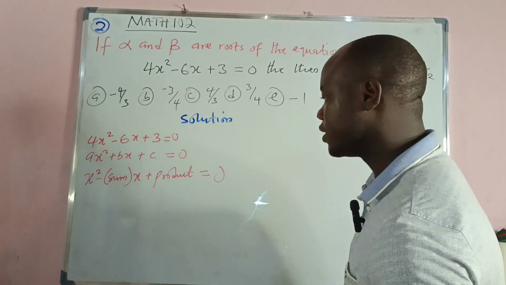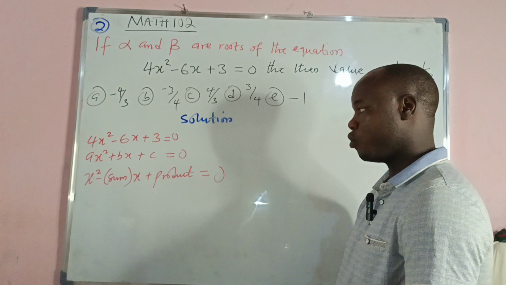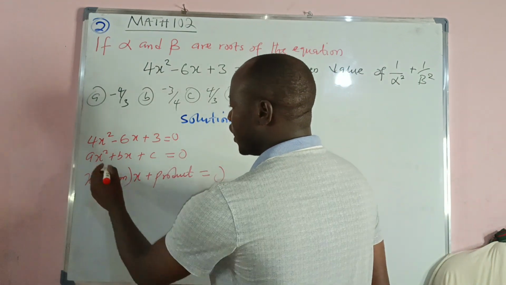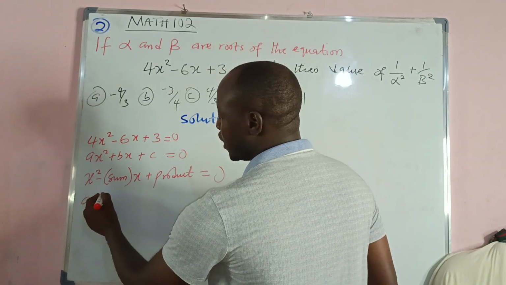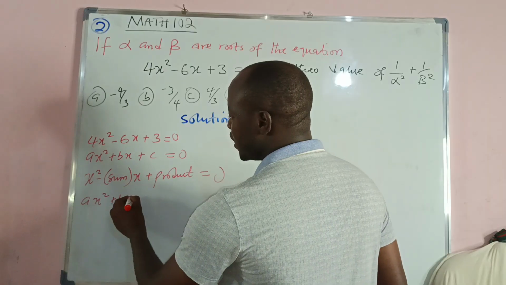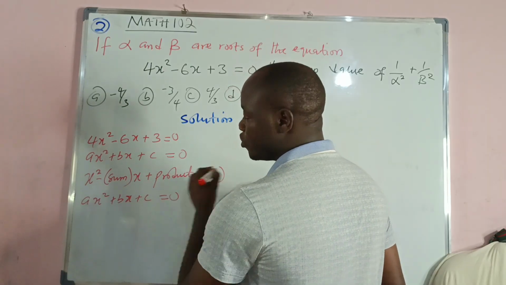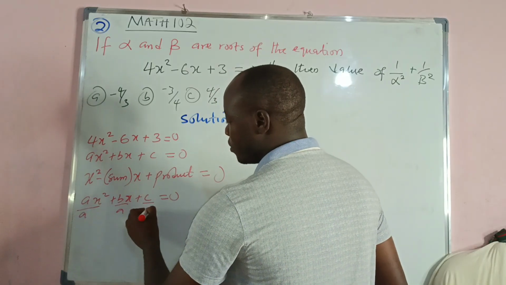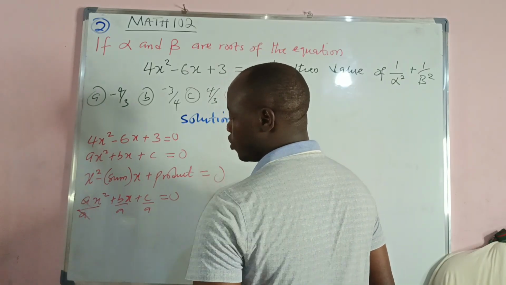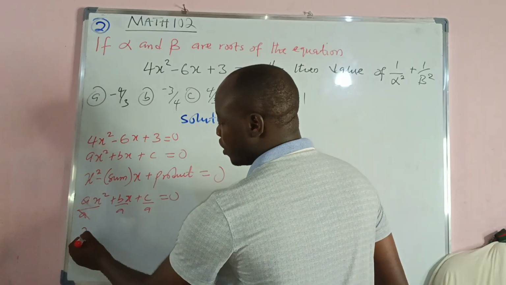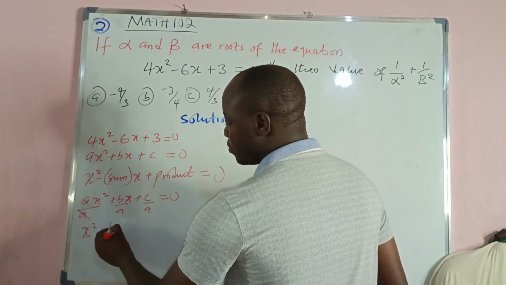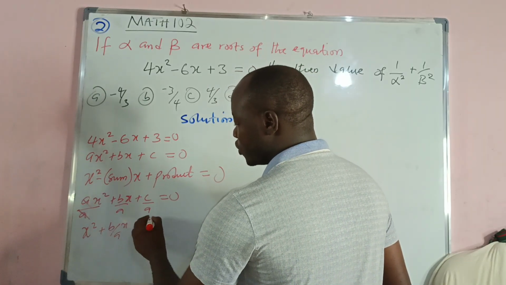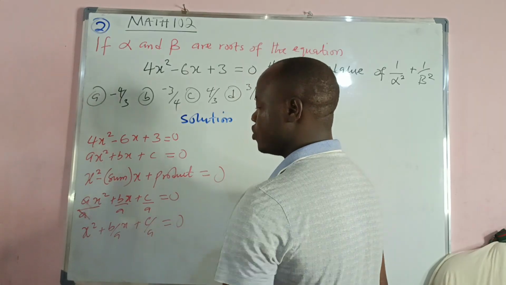So how do we do this? We need to understand something very important. Looking at this equation, ax squared plus bx plus c is equal to 0, we can divide both sides by a. Then we have x squared plus b over a x plus c over a is equal to 0.